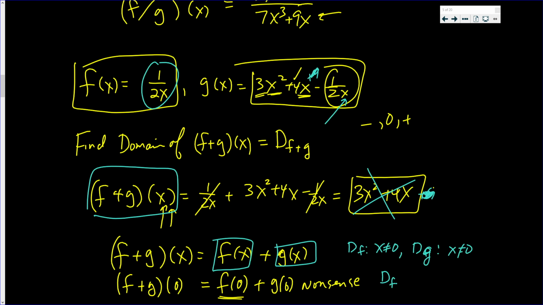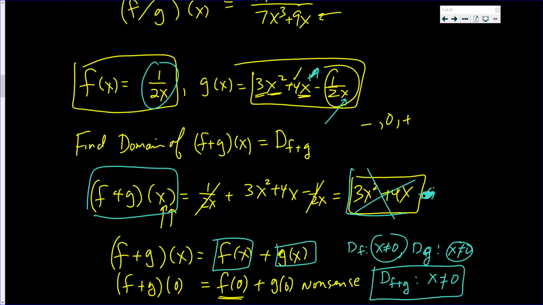The domain of f plus g is both restrictions, which happen to be the same. So x cannot be 0. That is the domain of f plus g. You have to find the domain of f. You have to find the domain of g. Do not find the domain of f plus g. No, that's not how it works. Okay?